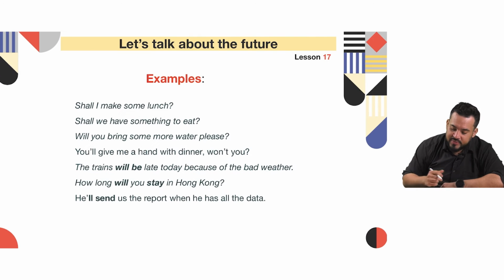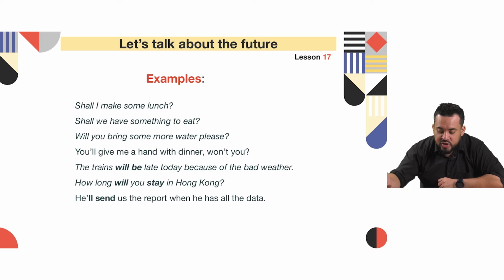Okay, let's take a look at some examples. Shall I make some lunch? Shall we have something to eat? Will you bring some more water, please? You'll give me a hand with dinner, won't you?